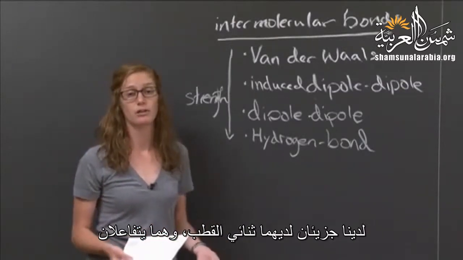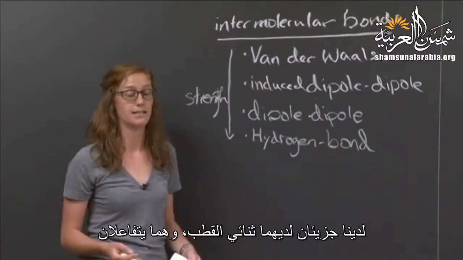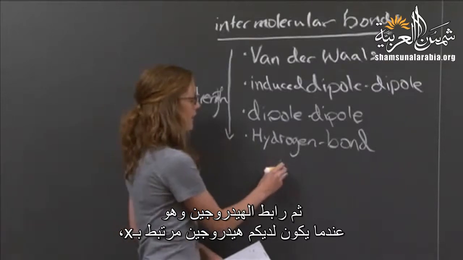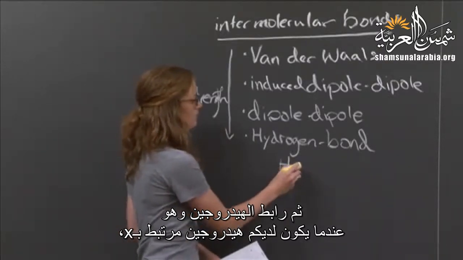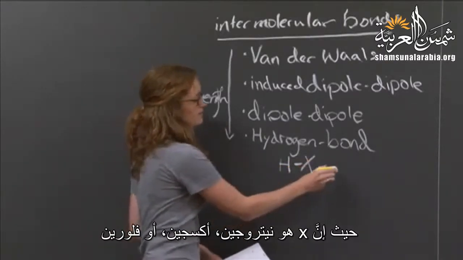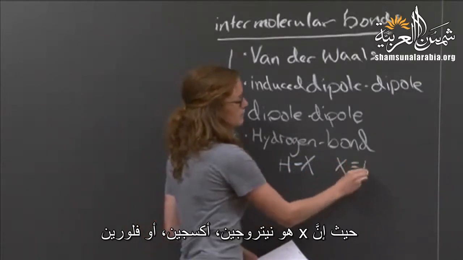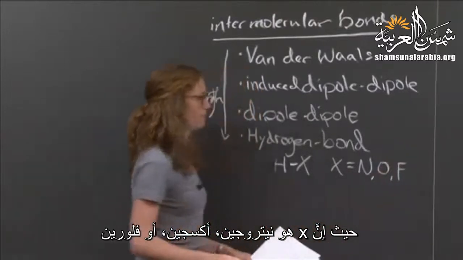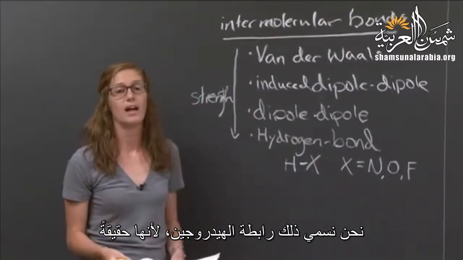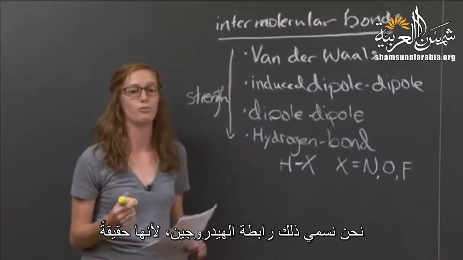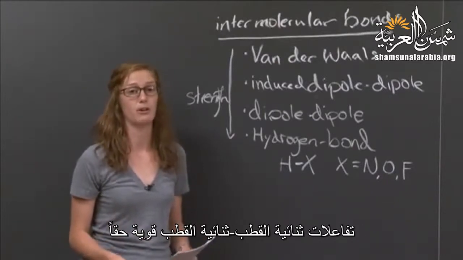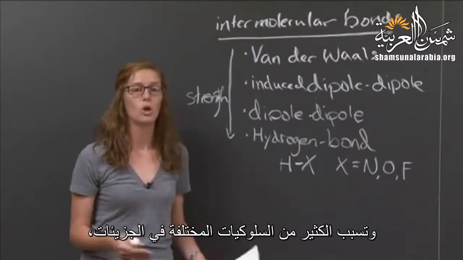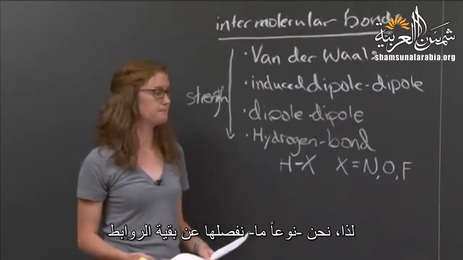You have two molecules that have dipoles and they are interacting. And then hydrogen bond is when you have hydrogen bonded with X, where X is nitrogen, oxygen, or fluorine. We call that a hydrogen bond because these are really, really strong dipole-dipole interactions and cause much different behaviors in molecules. And so we kind of separate it out as a subset.